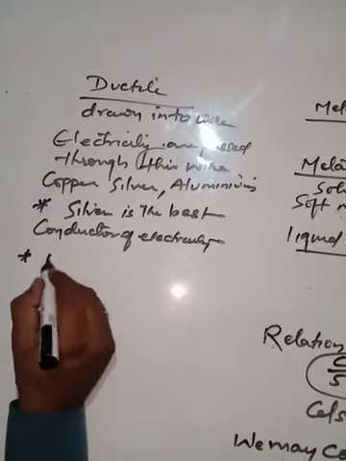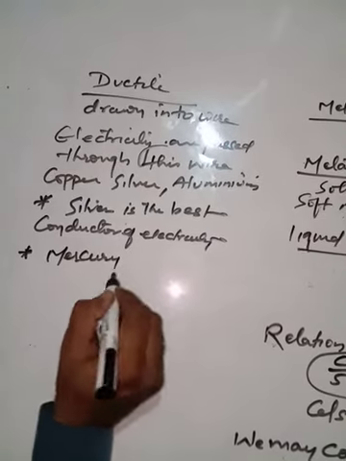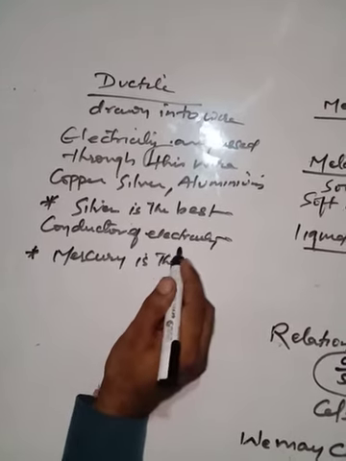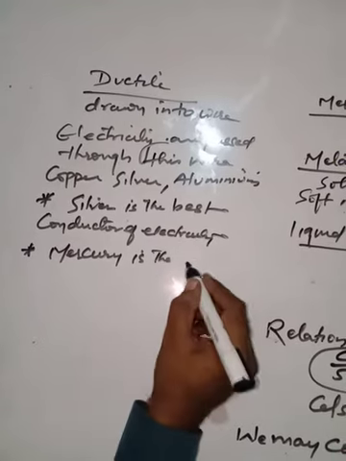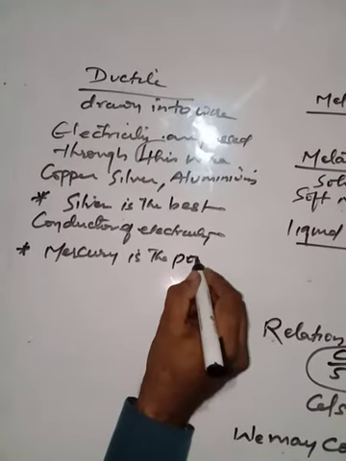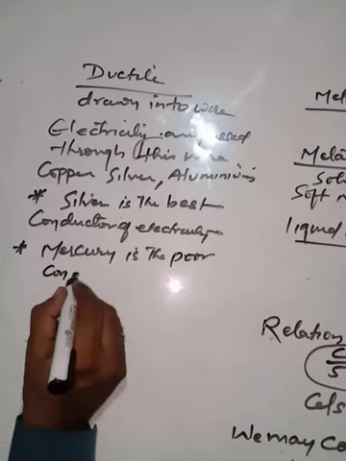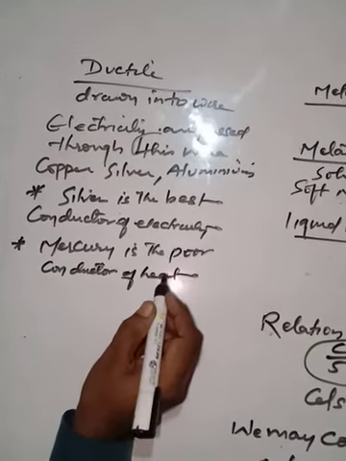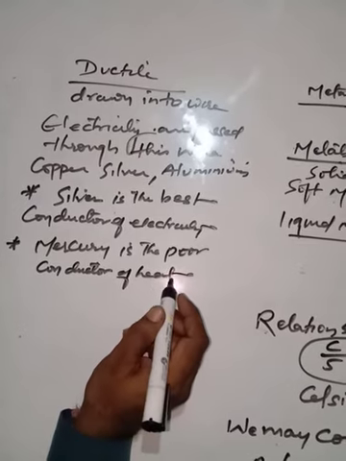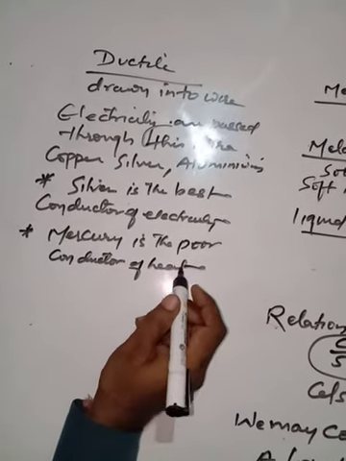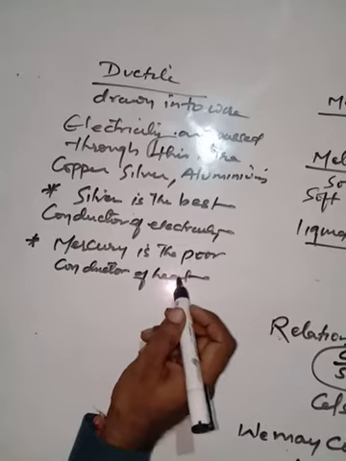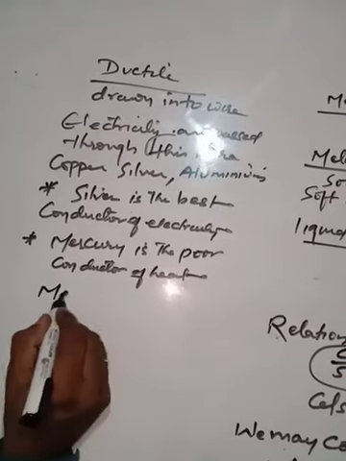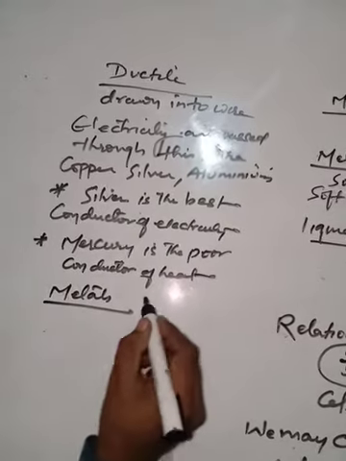And mercury is the poor conductor of heat. So now comes the good and the poor. Although we are using copper and aluminum in its place, the next property we can write is that metals have luster.